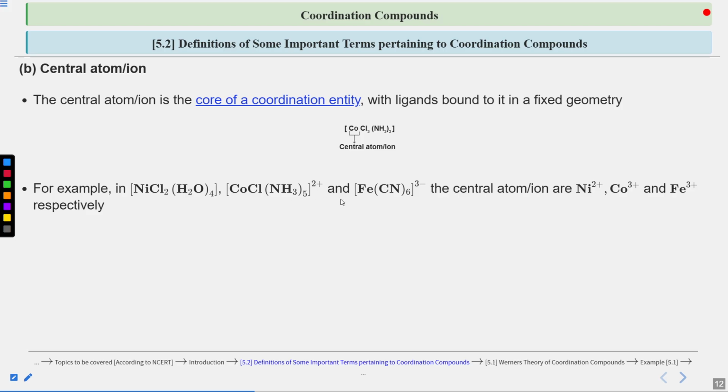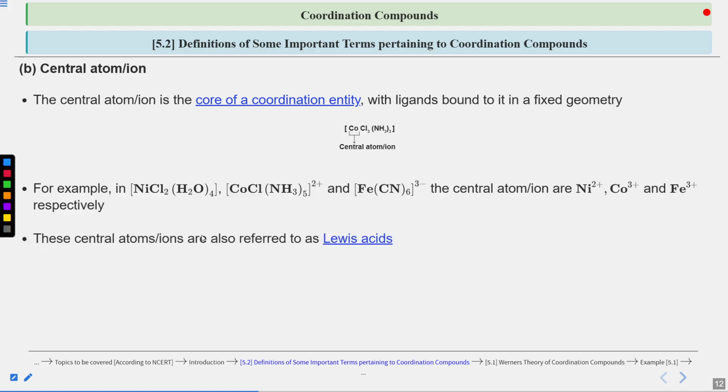These are three examples of complexes where the central atoms are, in the first complex, nickel 2 positive, in the second complex cobalt 3 positive, and in the third complex iron 3 positive respectively. So nickel 2 positive, cobalt 3 positive and iron 3 positive are the central metal atoms or ions in these three given examples of coordination compounds.